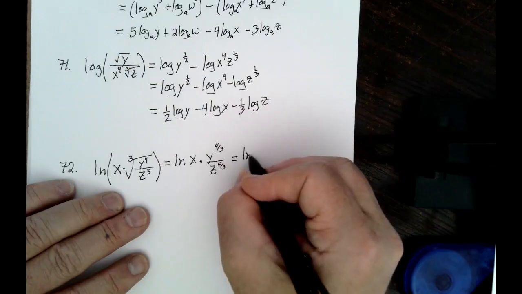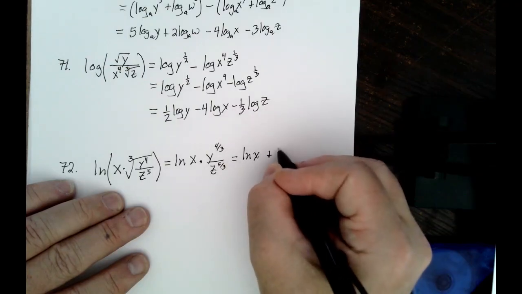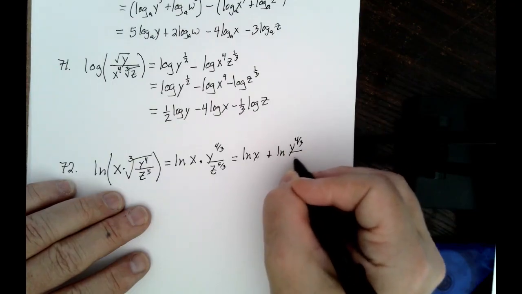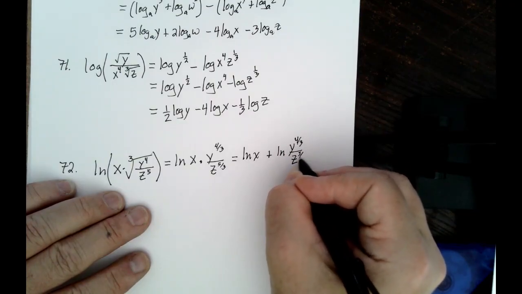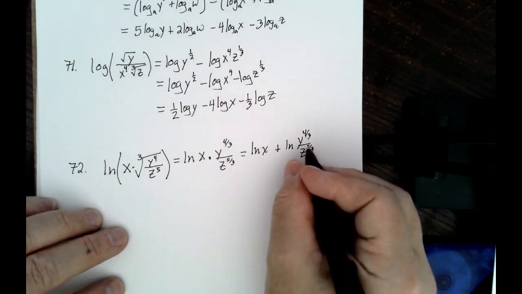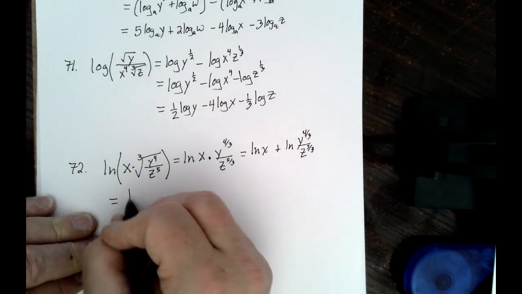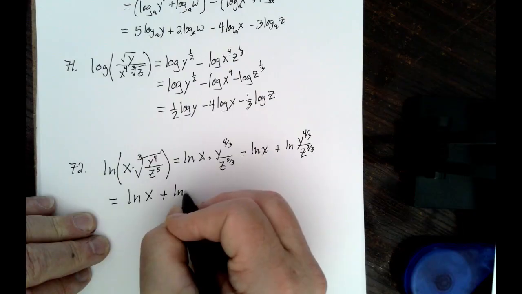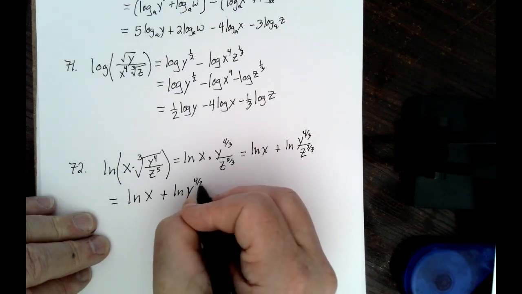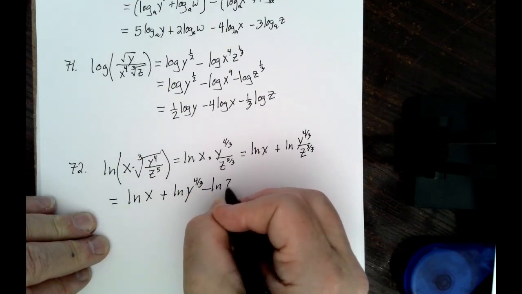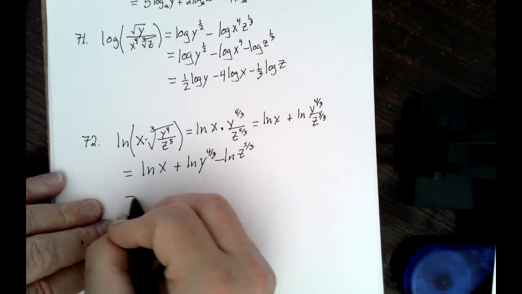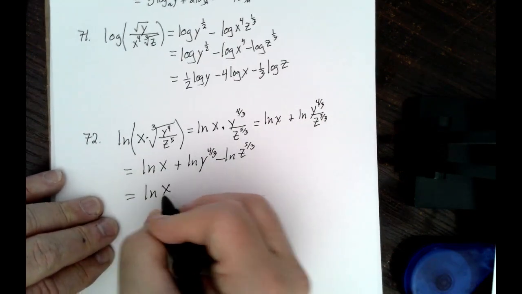Multiplication breaks up into addition. And now that division breaks up into subtraction. And now you can bring the exponents out front, and that's about as much as you can do with this.